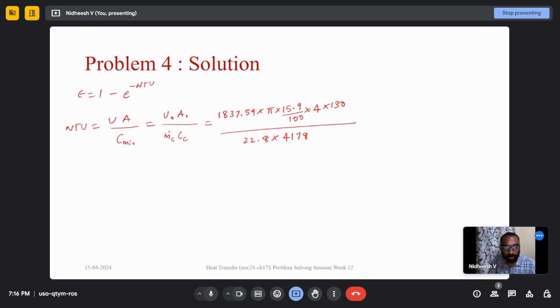If you evaluate, we will get an NTU value of 0.5, and if we substitute this in effectiveness, we will get 1 minus e power minus 0.5 equal to 0.39. We will get an effectiveness of 0.39.